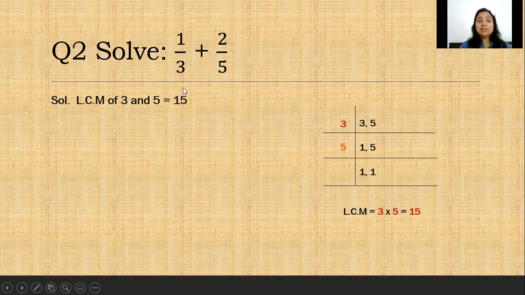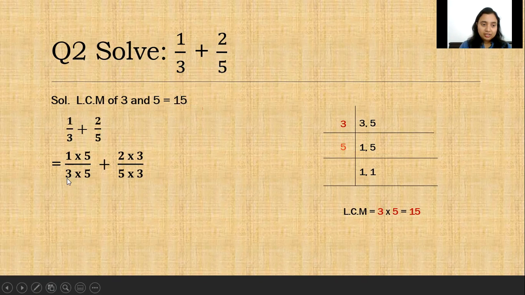Now our next step is to make both of these denominators equal to the LCM, right? Our next step is making the denominator same. So write the fraction first, 1 by 3, and look at this 3. We want to convert this 3 to 15, right? We have to make it equal to the LCM.